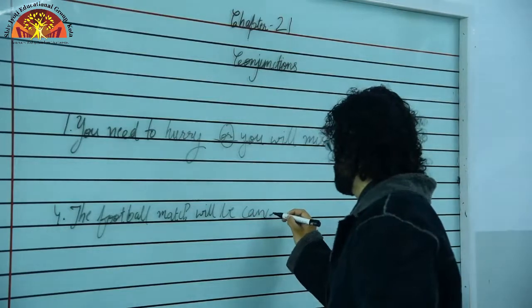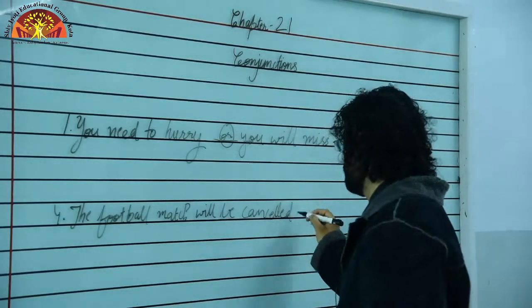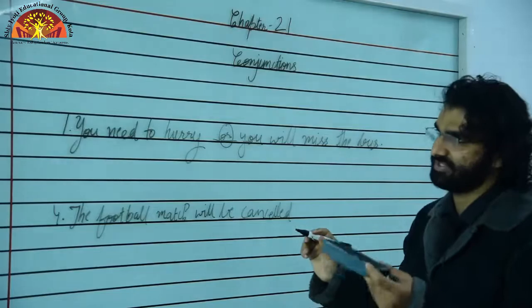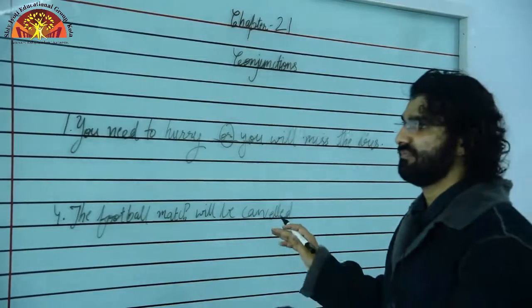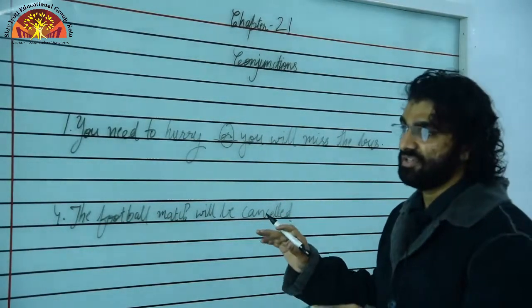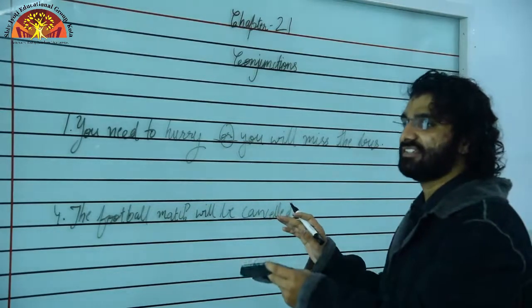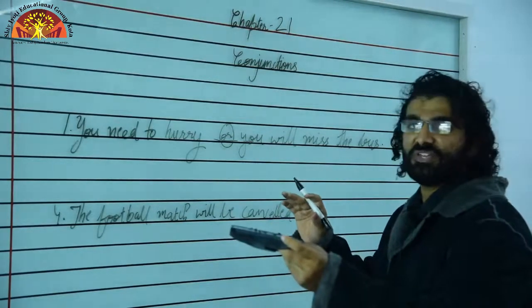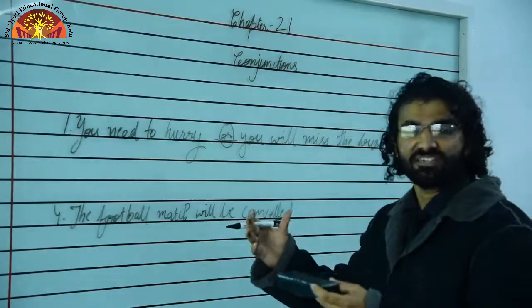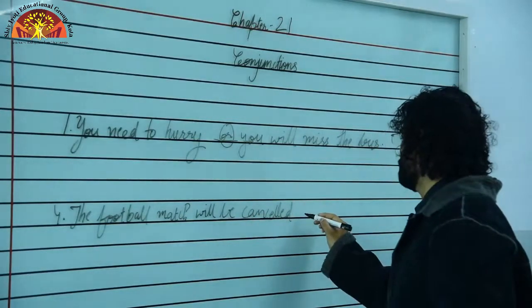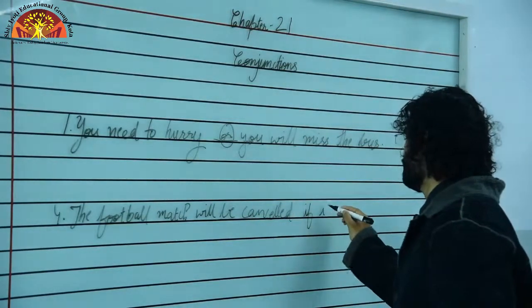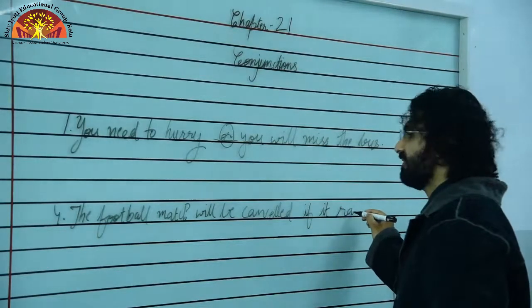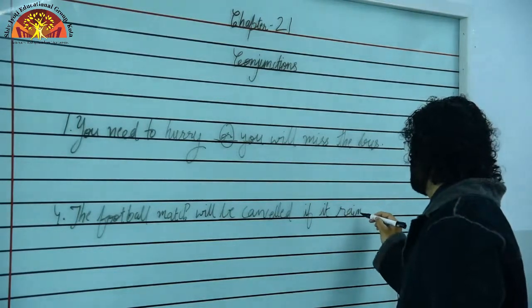This is given. We have to find the other part of the sentence from the options. Or you will miss the bus? No. If I don't win? No. The right one is if it rains. The football match will be cancelled if it rains. And we have the conjunction if here.